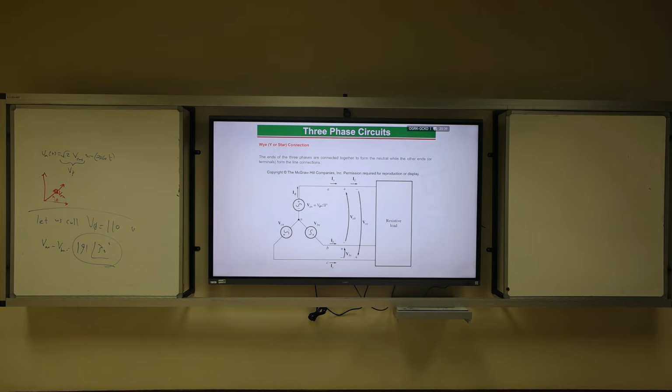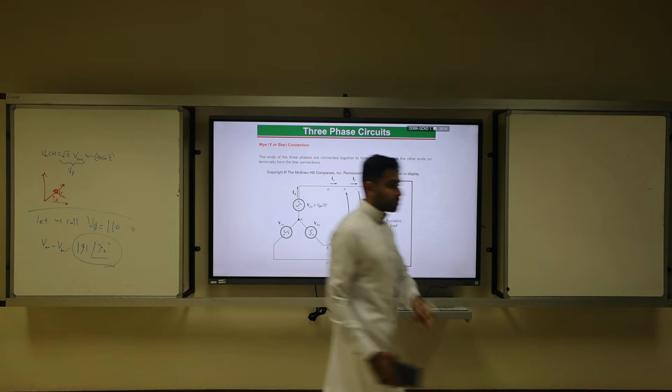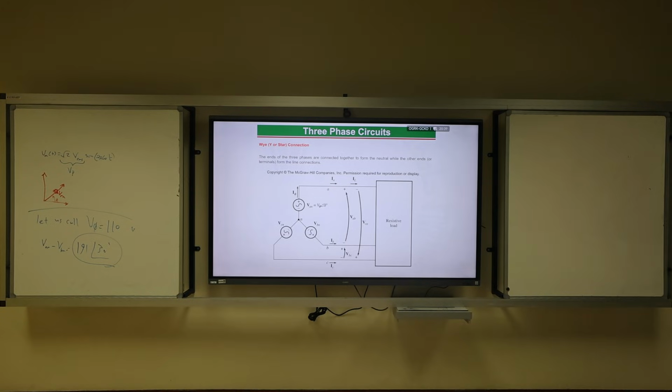Who did not find this number by the calculator? You don't know how to do it? So go shift 2, so now you're in complex. 110 angle 0 minus 110 angle minus 120. Shift 2, number 3.